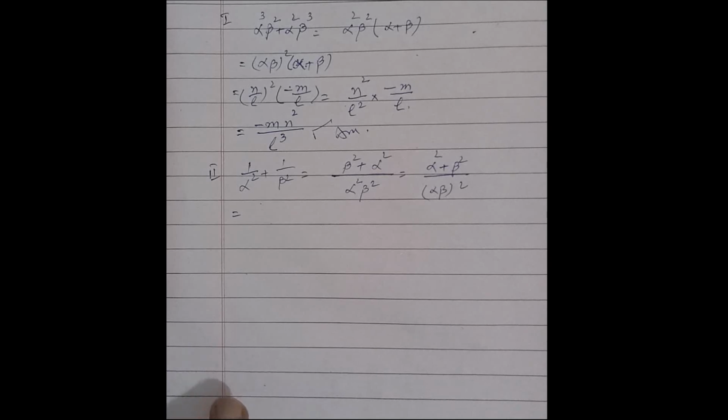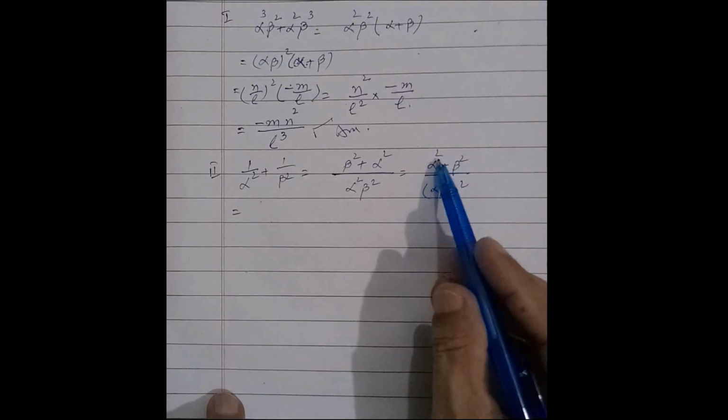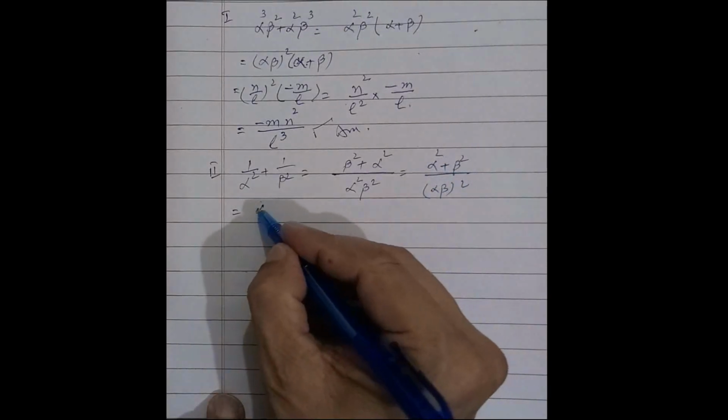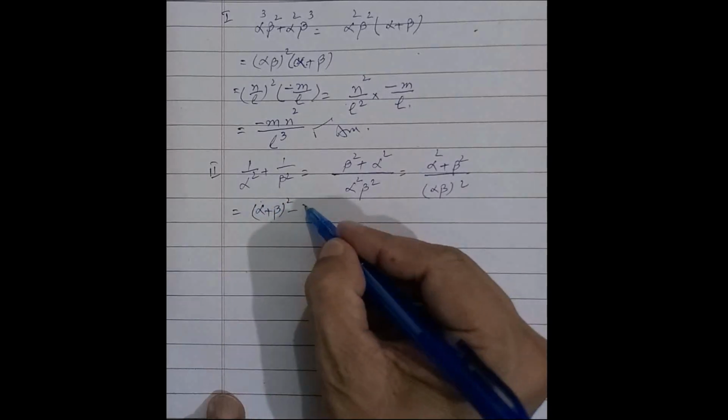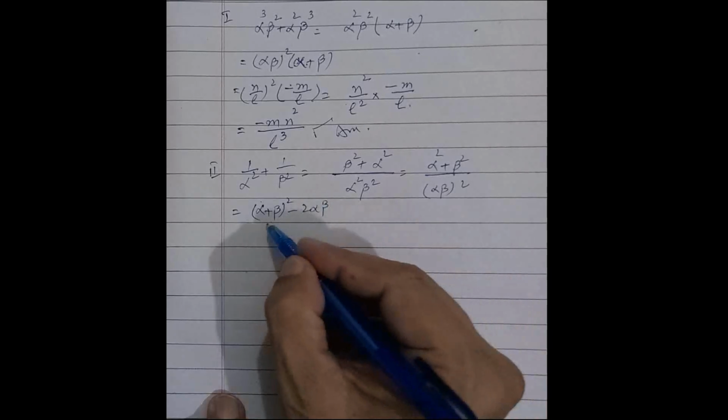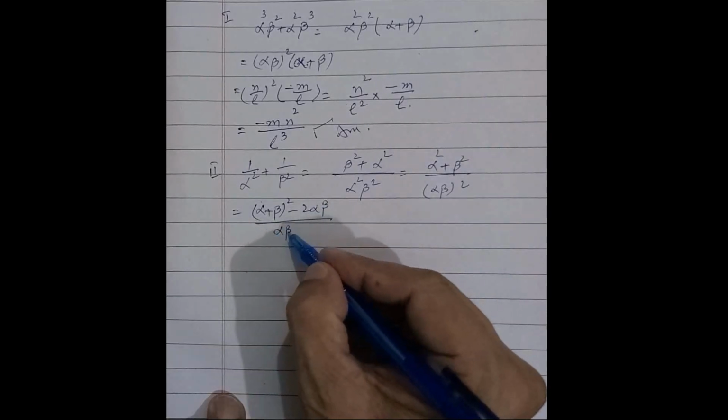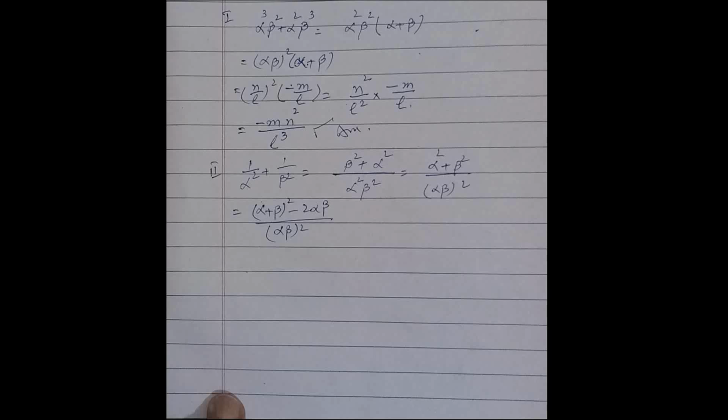Further we convert alpha square plus beta square into alpha plus beta whole square minus 2 alpha beta, over alpha beta whole square.